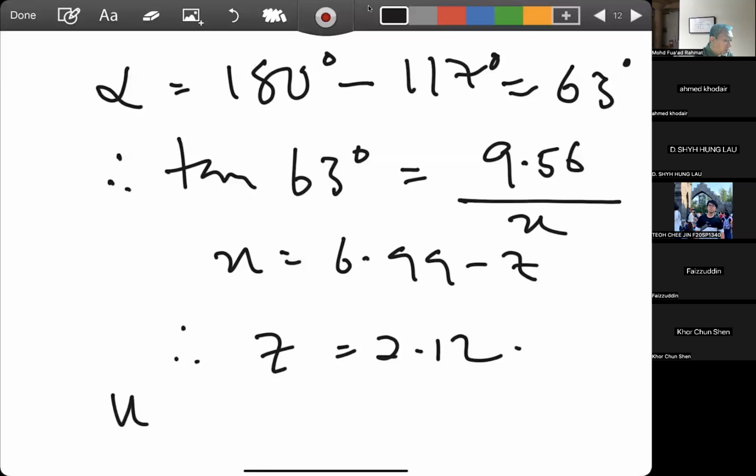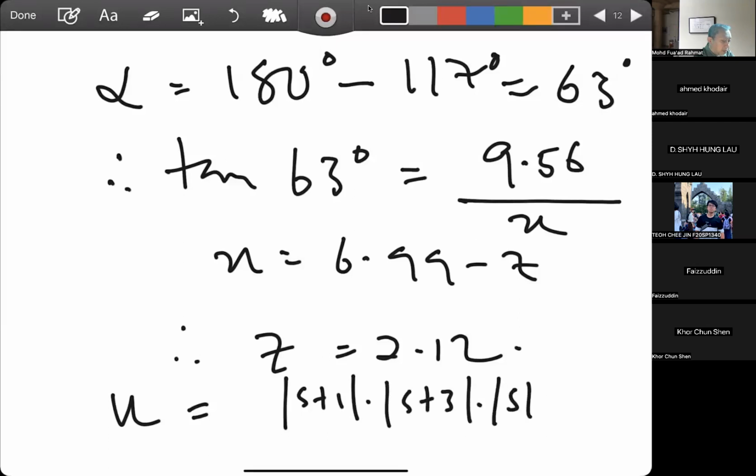And the gain k is equal to the magnitude of s plus 1, because of the pole, s plus 3, s plus 15, divided by s plus 2.12.